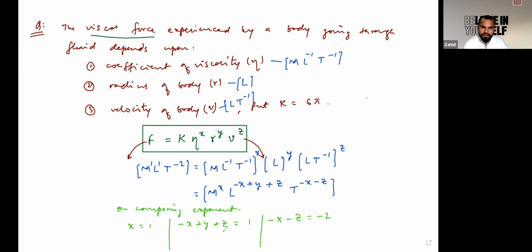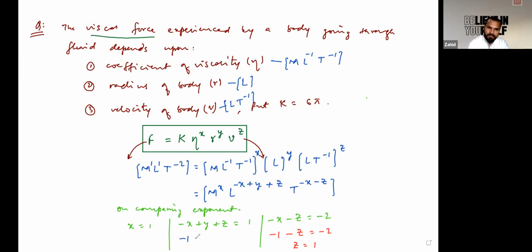Put the value of x to be 1 in this part, it will be -1 minus z is equal to -2. This -1 on moving to the other side will become +1. -2 plus 1 will be -1. And on solving, you will get z is equal to 1. Now put the value of x and z in this second equation.